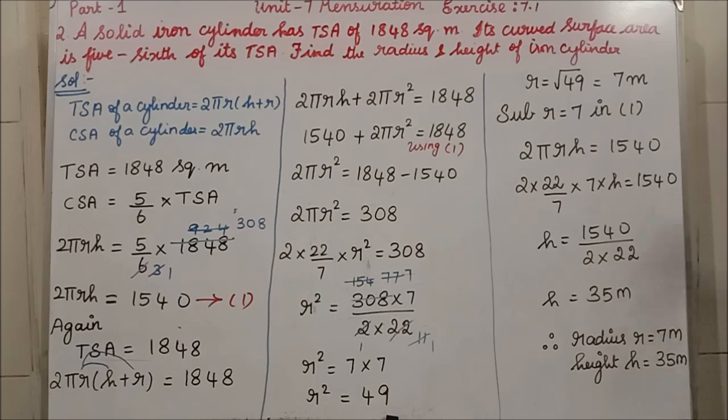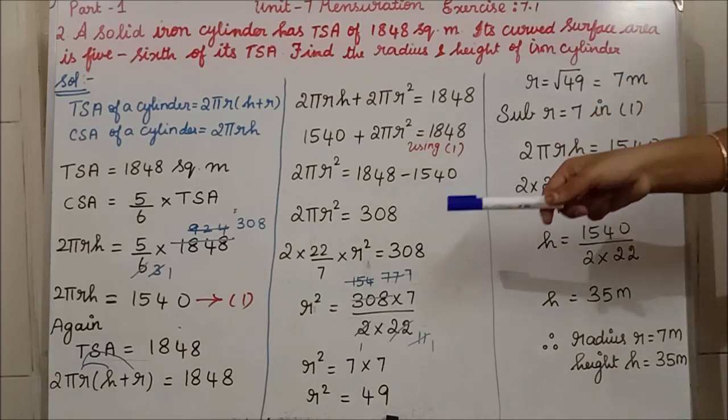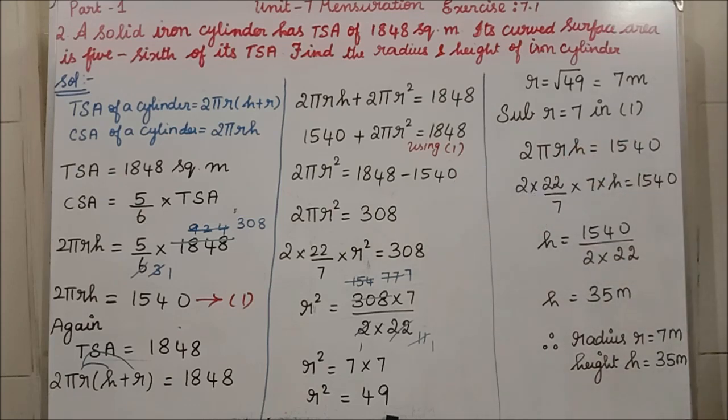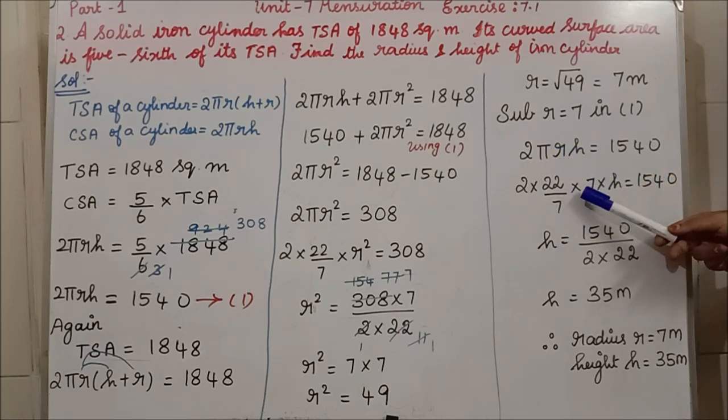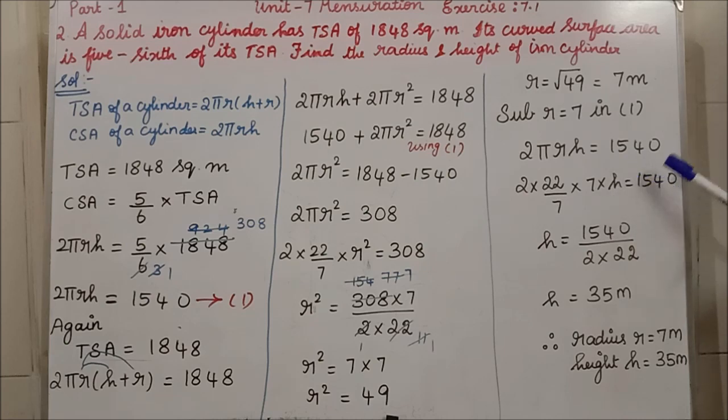Now we are substituting r equal to 7 meter in equation 1. What is equation 1? 2 pi r h is equal to 1540. That is our equation 1. So 2 into pi value, 22 by 7, into r, now we have got 7, into h is equal to 1540.